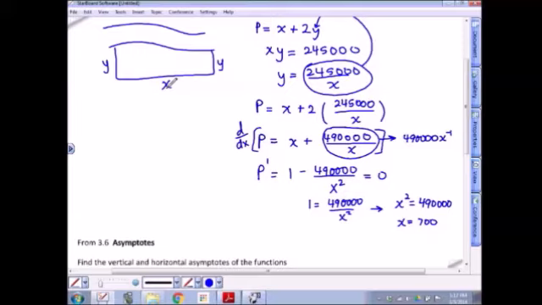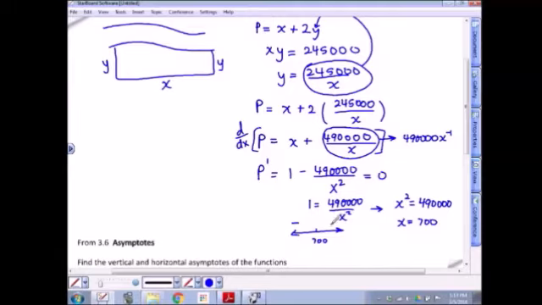And we're supposed to test to make sure this is a minimum value, and we're trying to find minimum dimensions. So what you want to do is just do a quick number line check. Taking something to the left side of 700, I know 0 is way down here, but you can't test 0, so let's test x equals 1. 490,000 divided by 1 is 490,000. 1 minus 490,000, that's a negative value, so we've got negative.